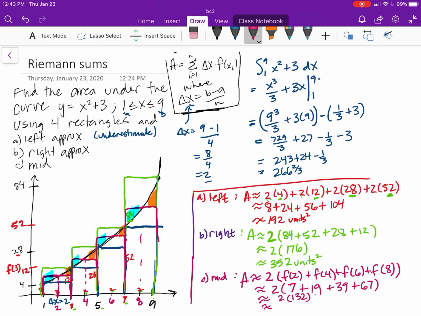So we get 264 square units, which I don't know if it's exactly in the middle without doing the math, but it is in the middle of the left and the right. And look how close that midpoint one was to the actual 266 and 2/3. That's a pretty good approximation.